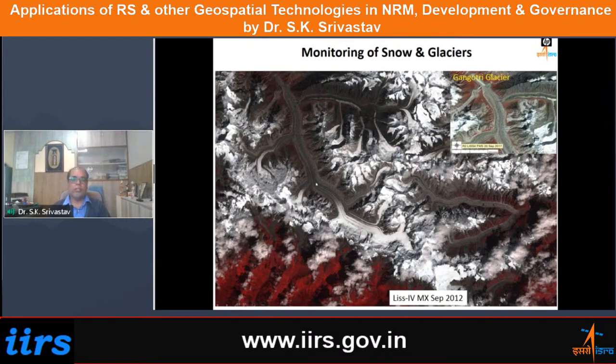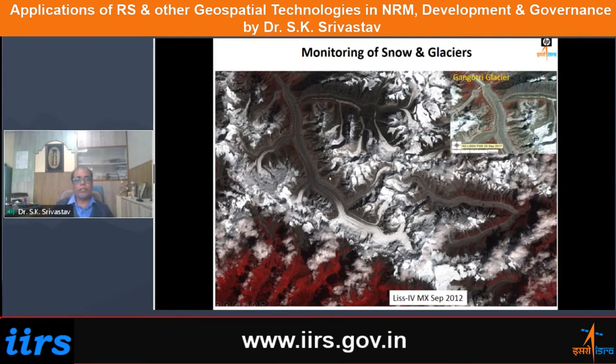This is the Gangotri glacier, present on the western side of the image. On the eastern side, we have the Satopanth glacier and the Bhagirath Kharak glacier, from where the Alaknanda river originates. If you look at this image, you see some white color, and some valley glaciers which are very predominantly seen.